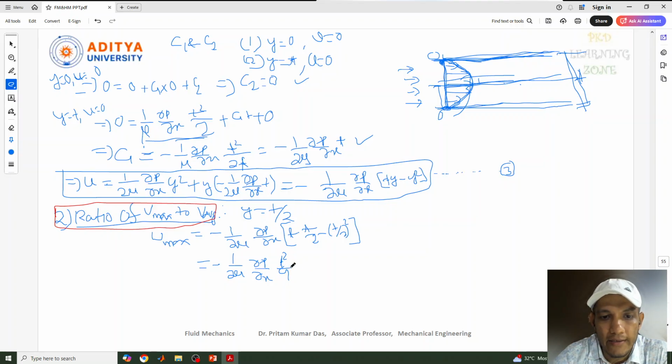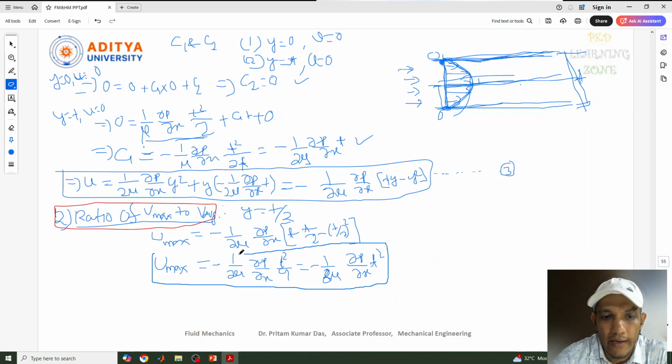And again we can write this as minus 1 by 8 mu del p by del x into t square. So this is our u max, the maximum velocity.